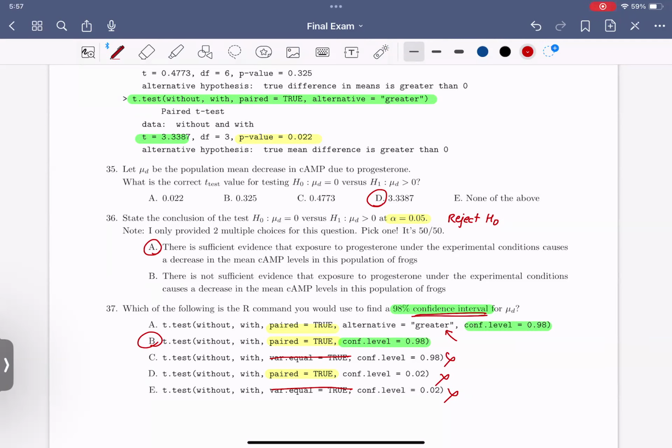If you type alternative equal to greater, it's going to give you a confidence interval that we're not looking for. So what we're looking for is choice B, because choice A is going to give you another form of confidence interval which we do not cover in this class. Okay. So remember, if you want a confidence interval, you do the two-sided test here. All right, next one.